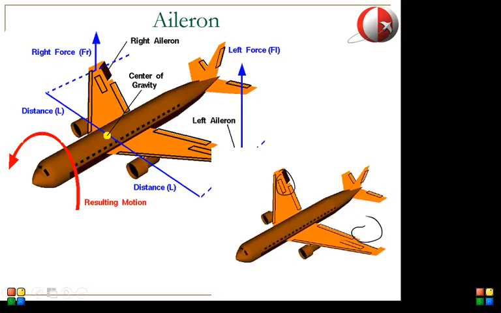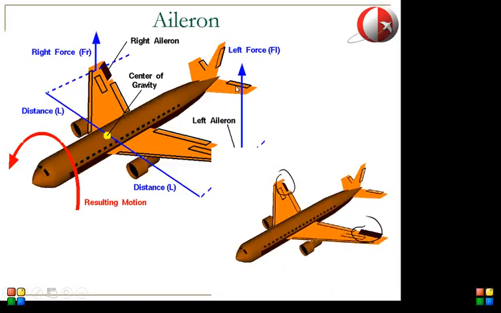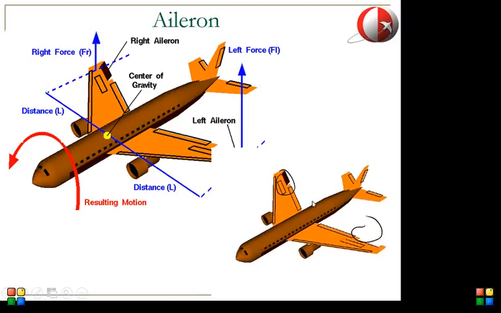And they work in opposite directions. So the elevators, you deflect in parallel. So if you deflect this one downwards, then you deflect the other one downwards as well. But in the case of ailerons, you deflect them in opposite directions to be able to get roll control.